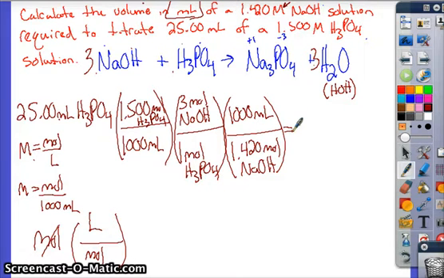And you're going to go through, take your 25, multiply by 1.5, divide by 1,000, multiply by 3, divide by 1, multiply by 1,000, divide by 1.420, and you're going to get the number of milliliters to 4 significant figures, because that's the amount that we had in the beginning. 79.23 milliliters of NaOH.